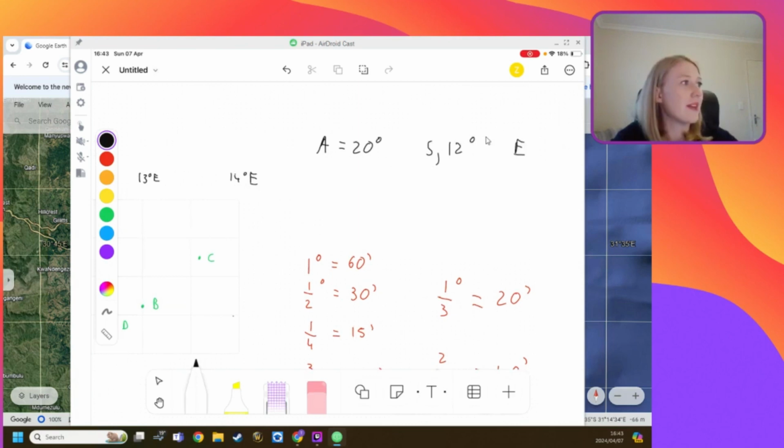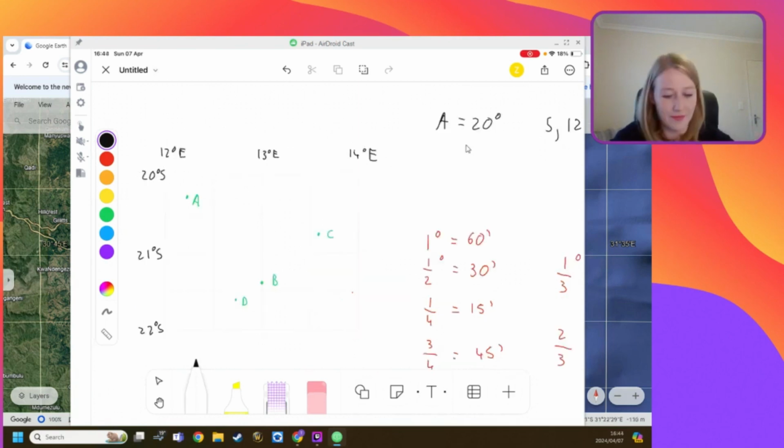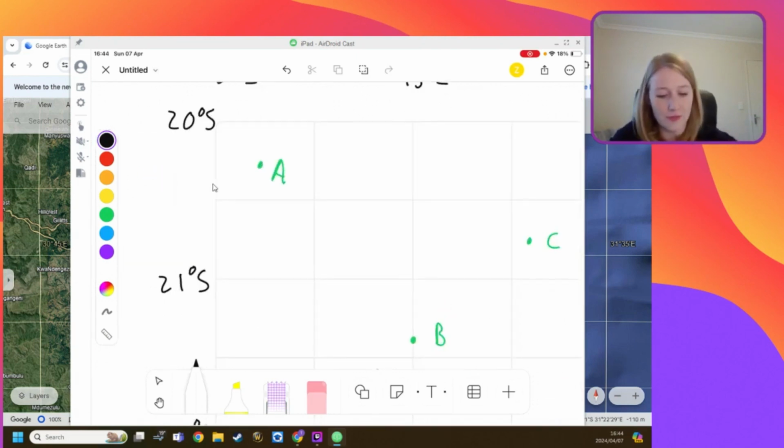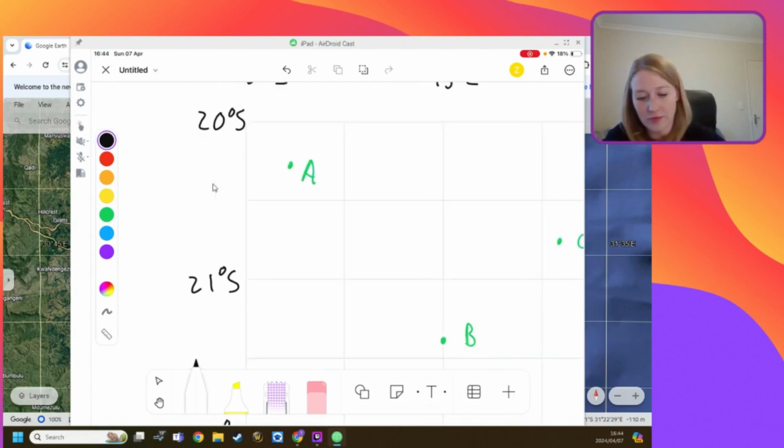East. Again, I leave space on my minutes. Now I can see that we have already halved this up a bit. So if we look south, here is a line of latitude that is halving this 20 and 21 degree.